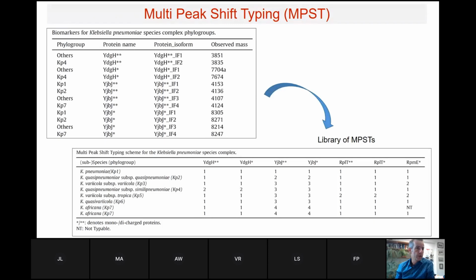Once we have developed this approach, the game consists of cataloging the different MPSTs that we find in each species. Typically we have only one or a few MPSTs per species, so this is quite easy to handle.